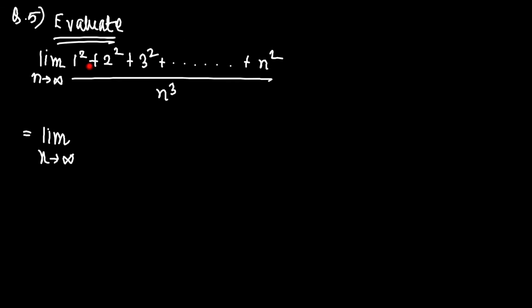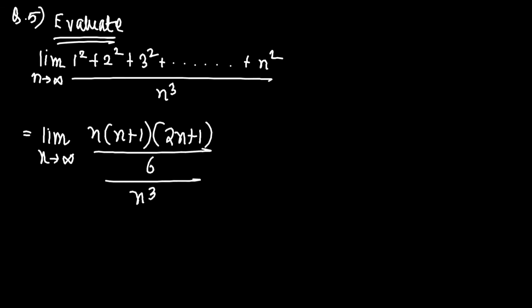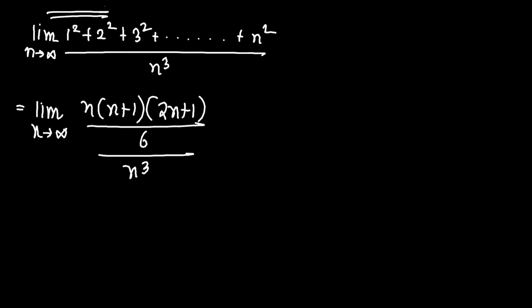We also know, as we have learned in sequence and series, the formula for 1 square plus 2 square plus 3 square up to n square. It is n into n plus 1 into 2n plus 1 by 6, by n cube. So this formula you have to remember.